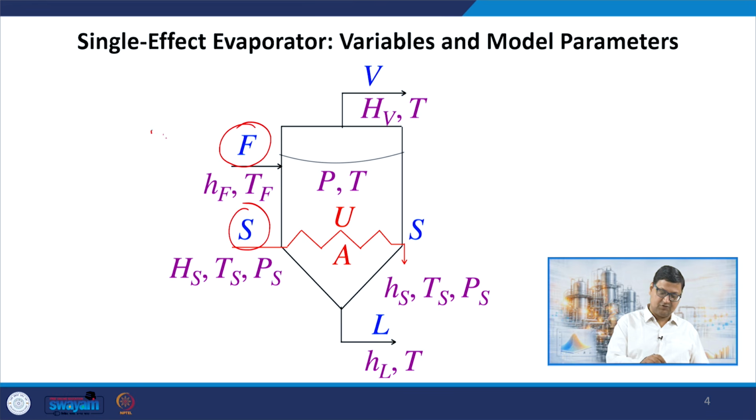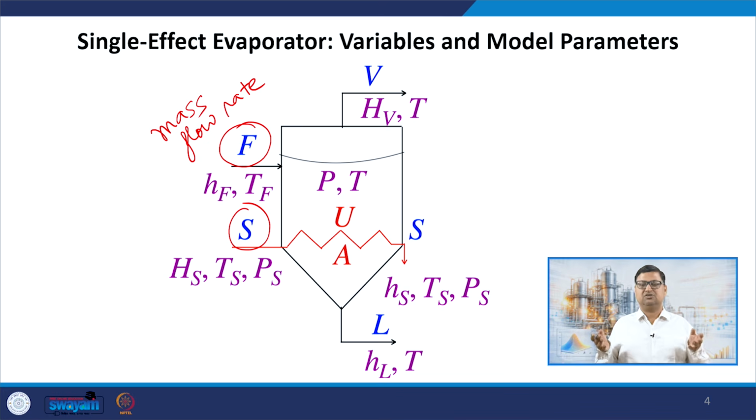The feed mass flow rate is F. Unlike the case of chemical reactors, where we work with molar flow rates of different species, we work with mass flow rates here. There is no chemical reaction going on here. It is simply an evaporation process where the non-volatile solute comes out in the liquid phase and the volatile solvent comes from the top.